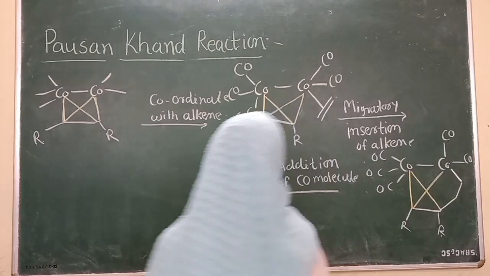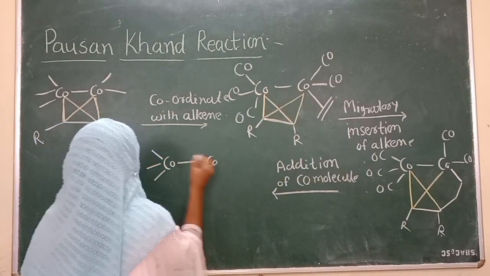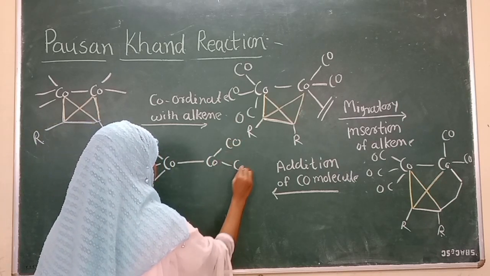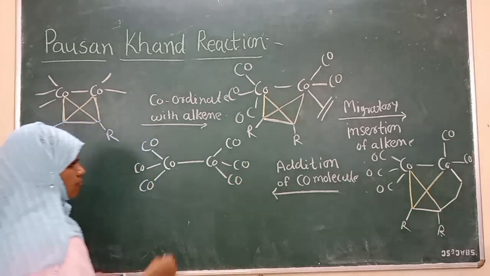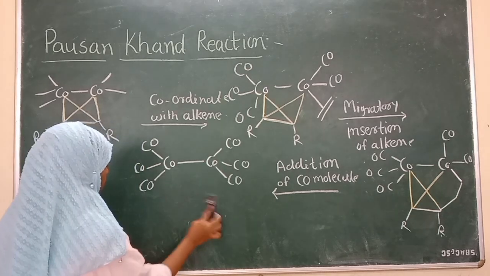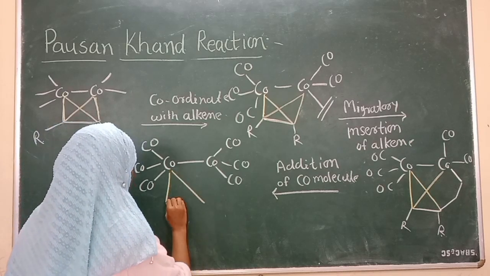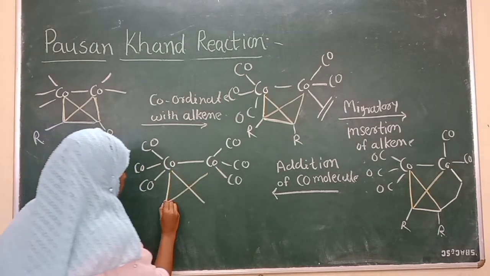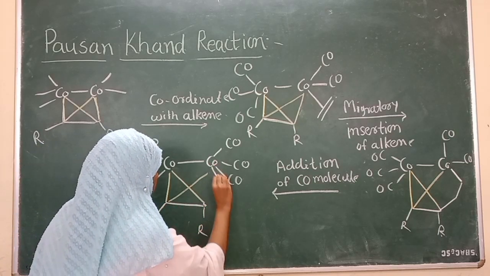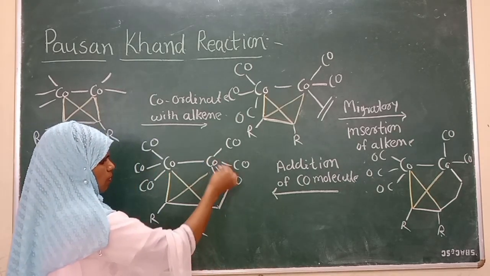Now what will be the product? This moiety is unchanged. Here is the addition of one carbonyl, then R', and here our alkene, which is bonded between the cobalt and alkene.